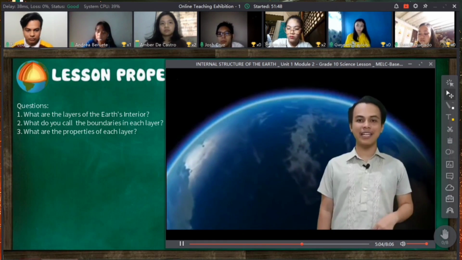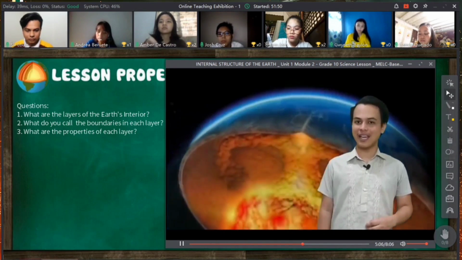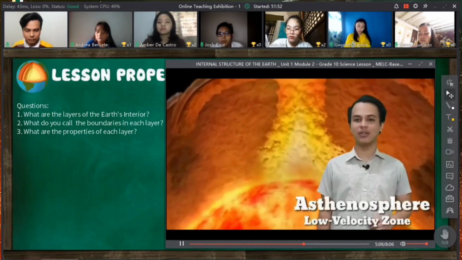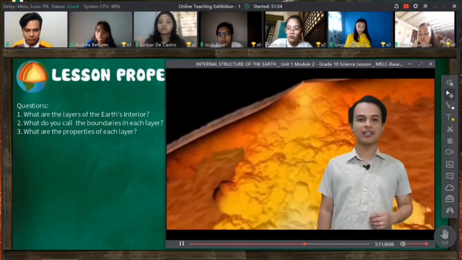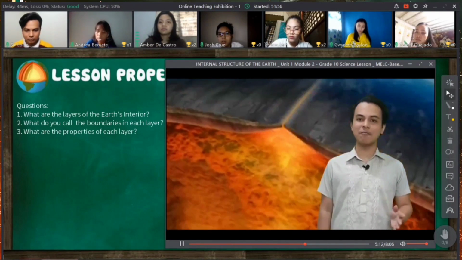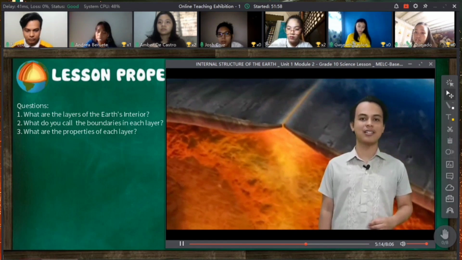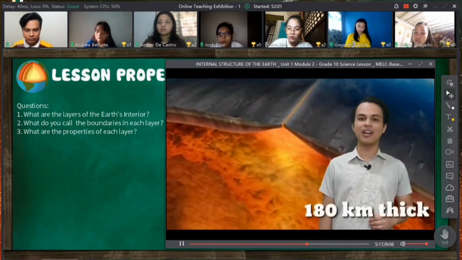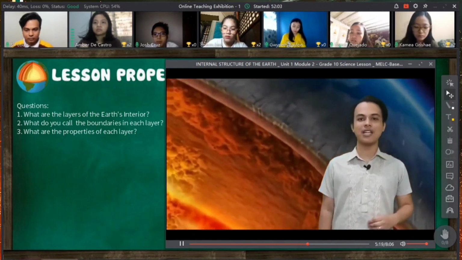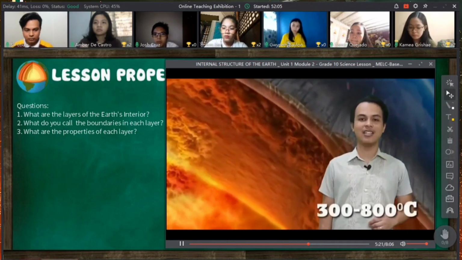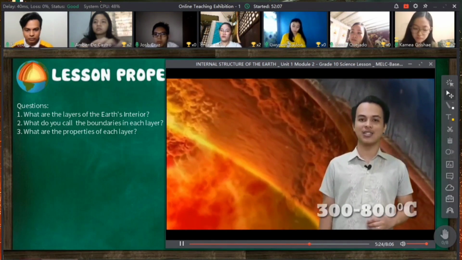Sa mantle natin makikita ang layer na tinatawag na asthenosphere or the low velocity zone. It is a soft, weak top layer of the upper mantle that is made up of hot molten materials. It has a thickness of 180 kilometers at may temperature ranging from 300 degrees Celsius to 800 degrees Celsius.